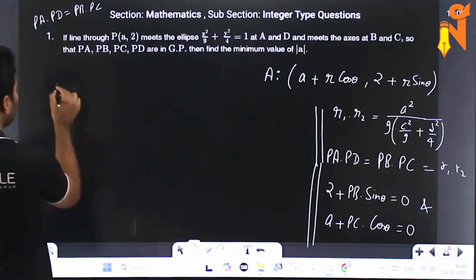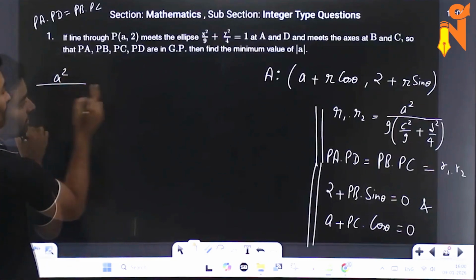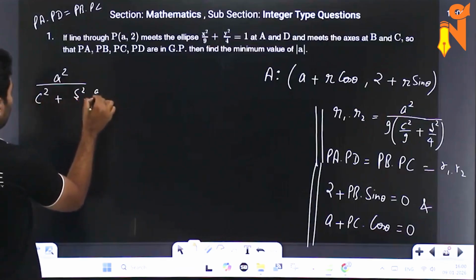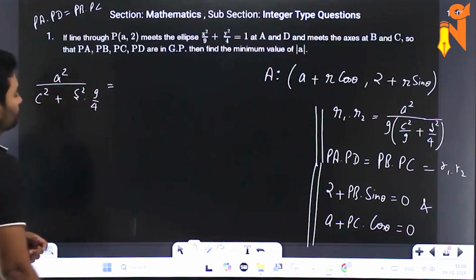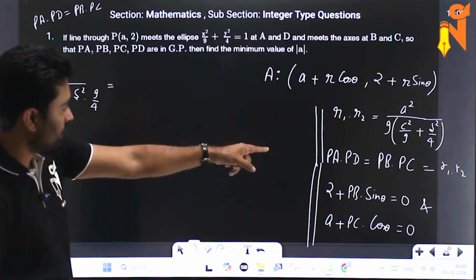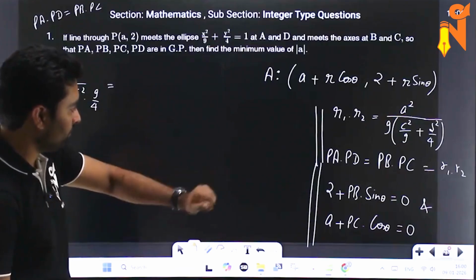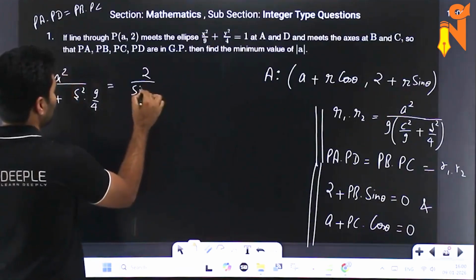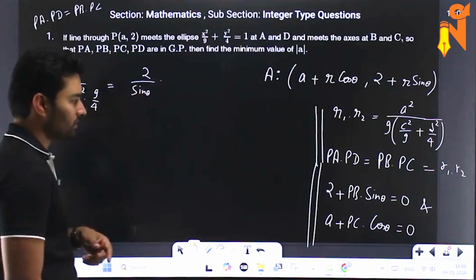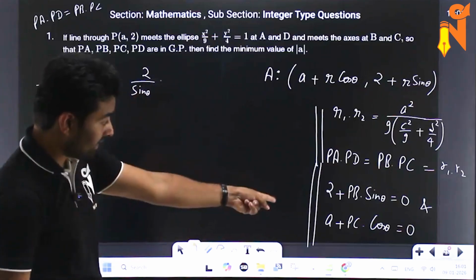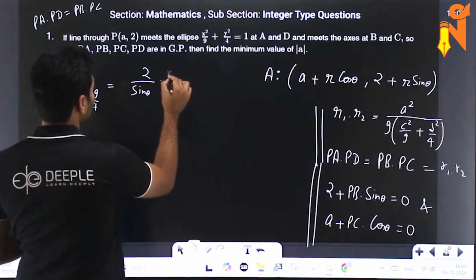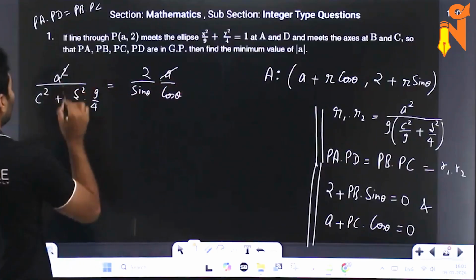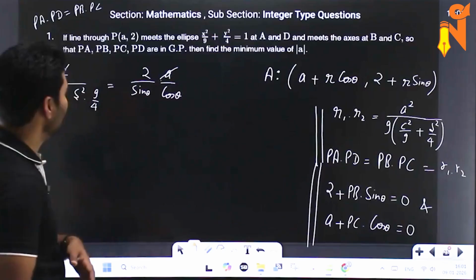So put here A square upon, multiply inside, so cos square plus sin square into 9 by 4 equals PB into PC. What is PB here? PB is minus 2 by sin theta, and minus 1 will cancel, minus A by cos. So A cuts, because A obviously is not 0.